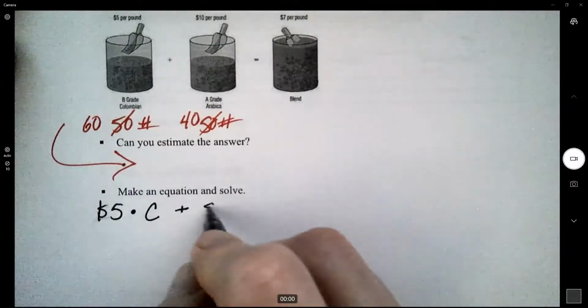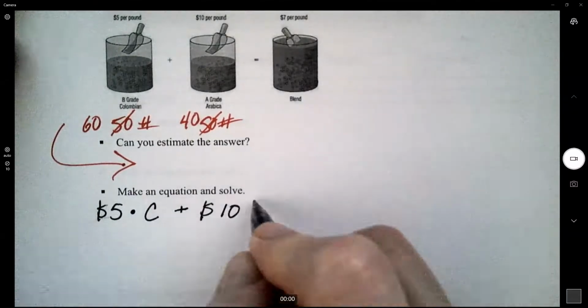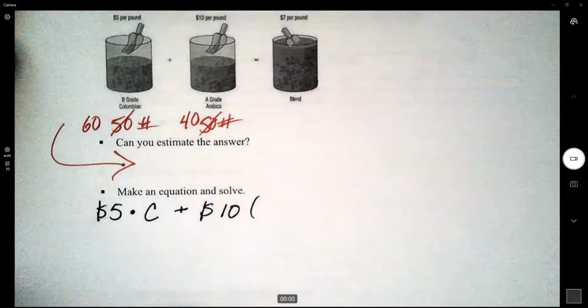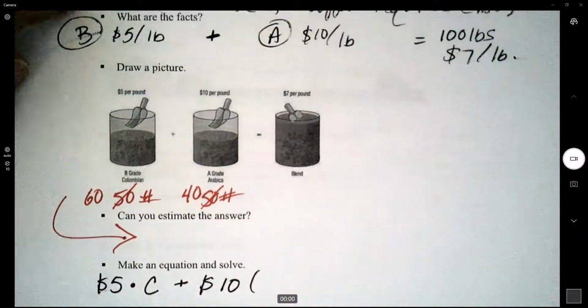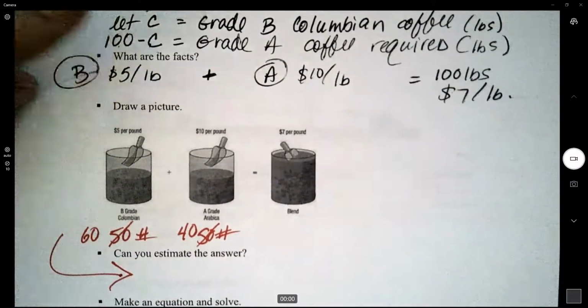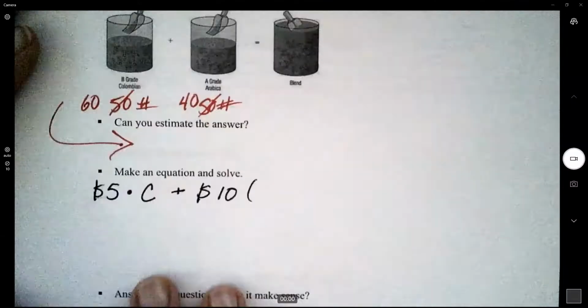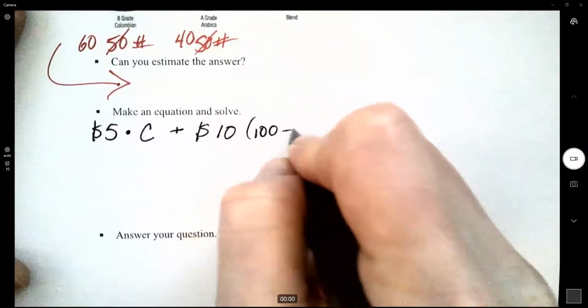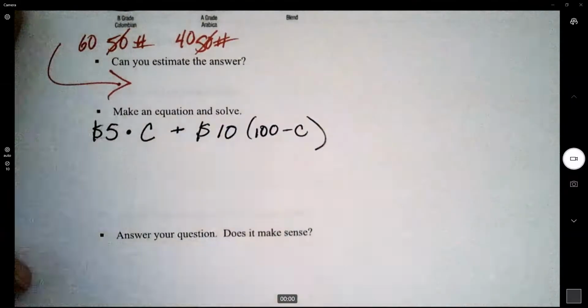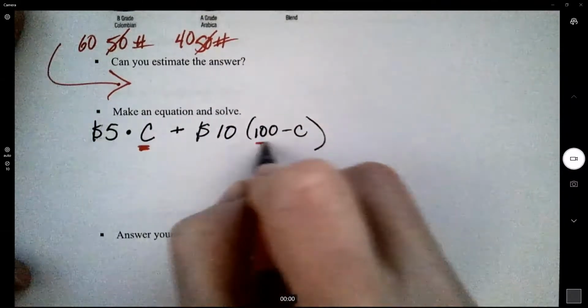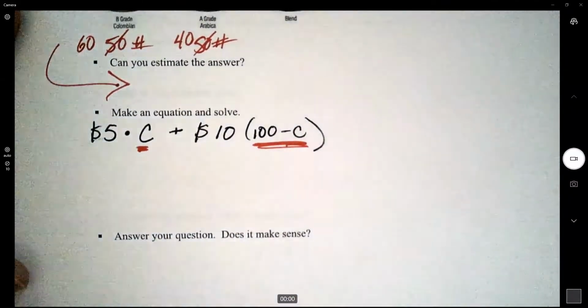Plus, it costs $10 for the grade A, and we designated the grade A coffee as 100 minus C. Okay, so again, this is the grade B coffee, this is the grade A coffee here.